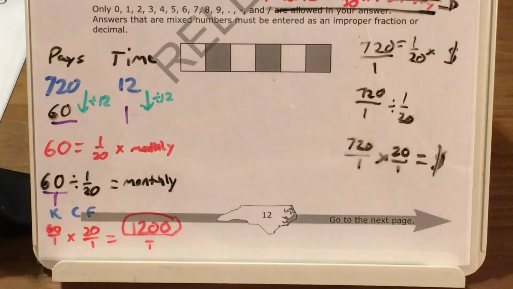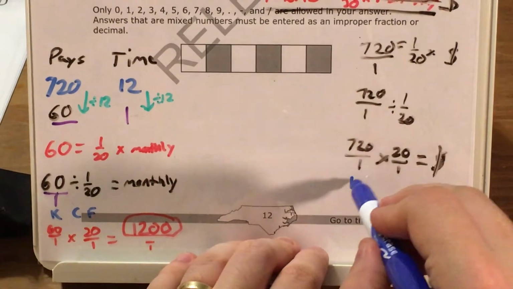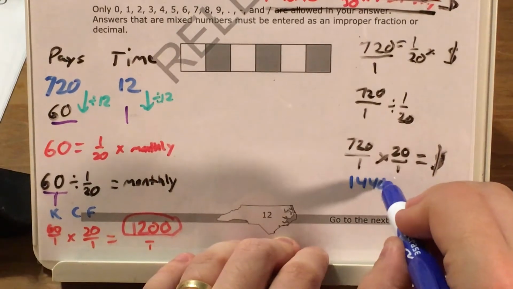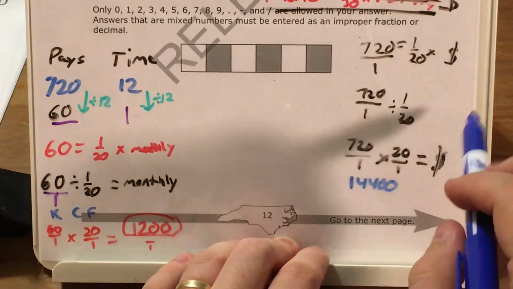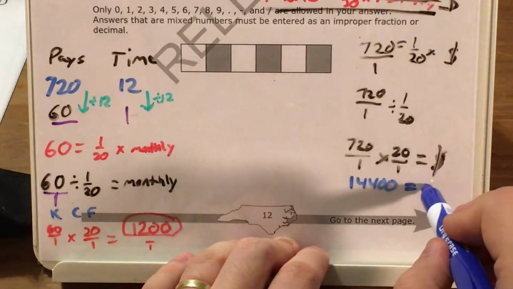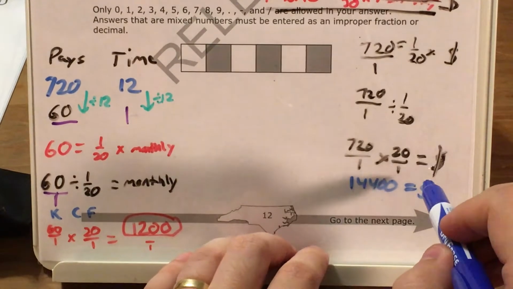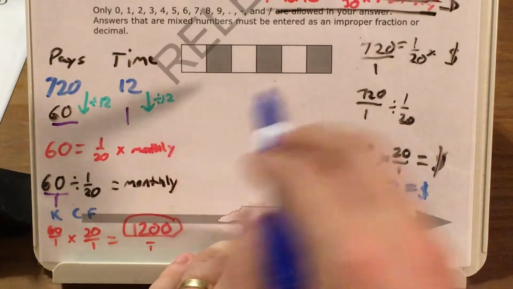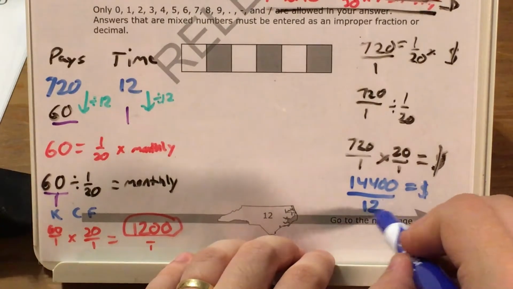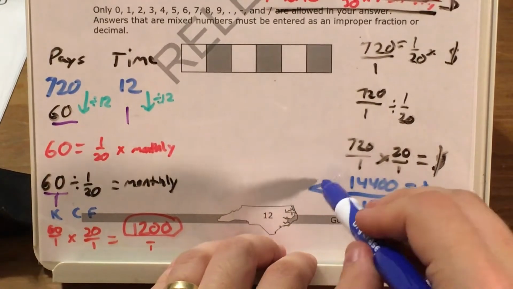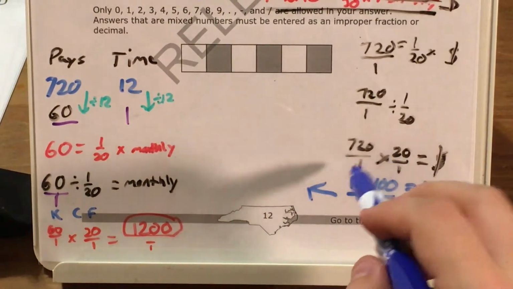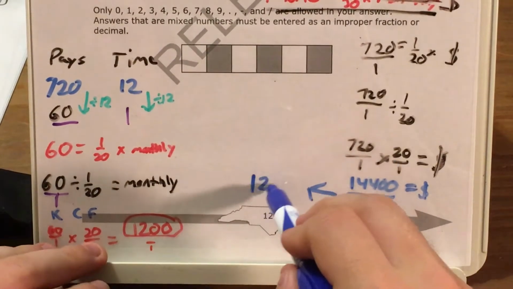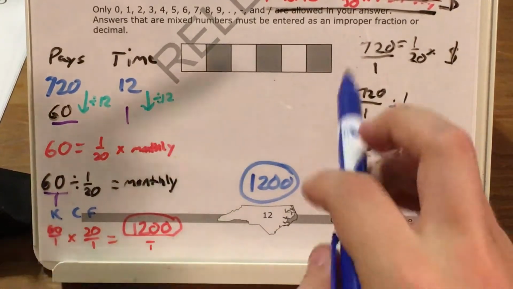We use 720 times 20 to get 14,400. We know that's how much he earned per year, and now we're going to use our dividing by 12 trick to figure out how much he's making per month, and I'll do this to the left. It's actually, if you do this in your calculator, going to get us the same answer, $1,200.